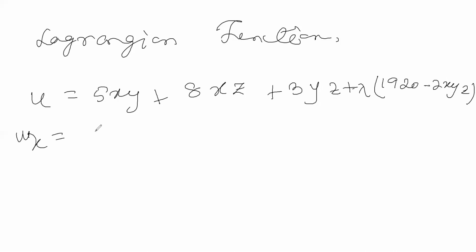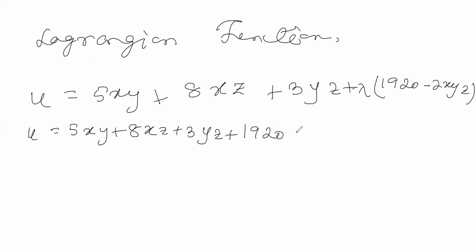Now this time we need to solve for ux after forming the Lagrangian function. Again you can elaborate it if you want. So you can write u is equal to 5xy plus 8xz plus 3yz plus 1920 lambda minus 2xyz lambda.